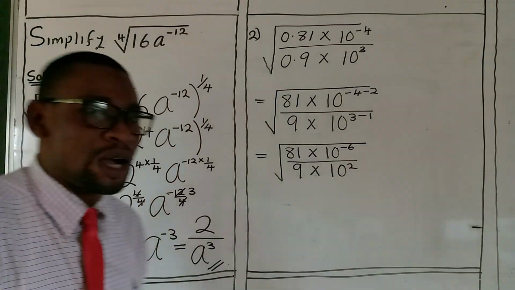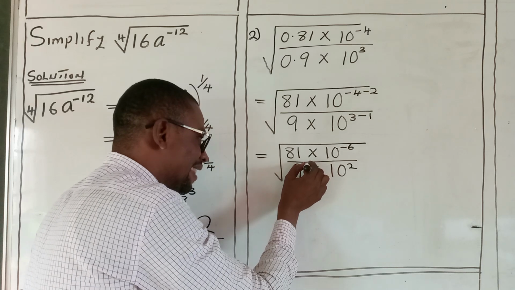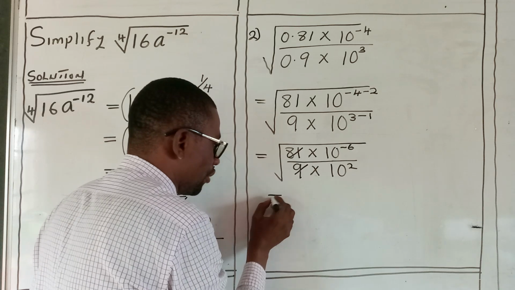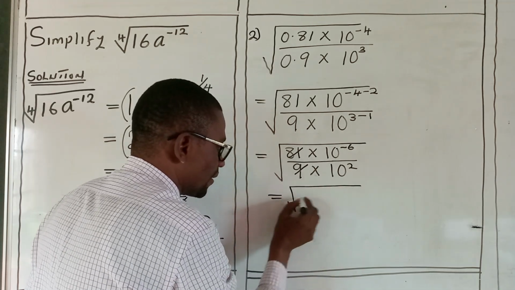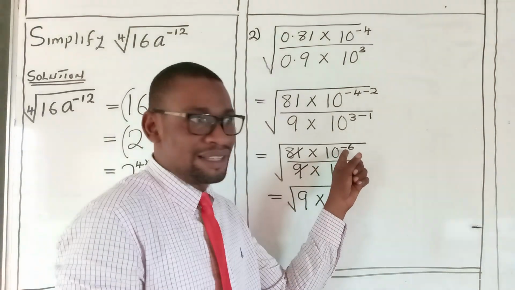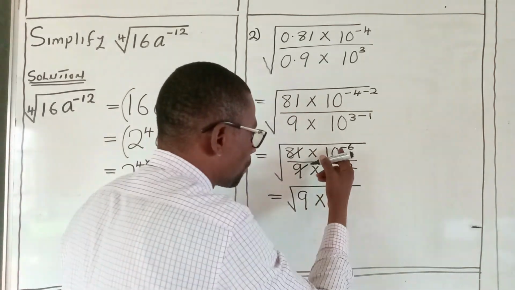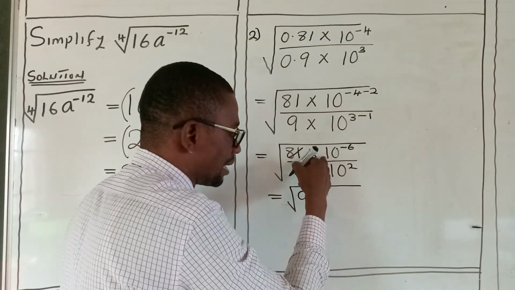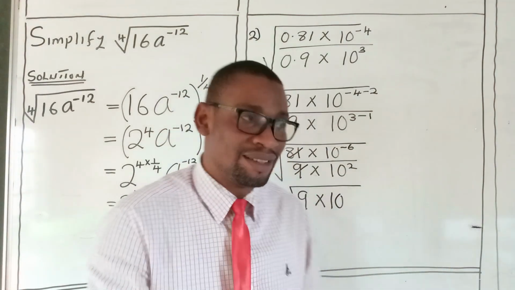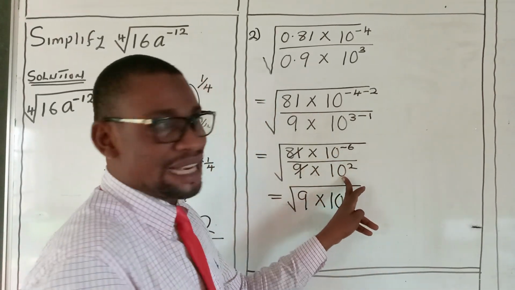Now let's come down here to apply the division law of indices. From here, 9 on its own can go into 81, and that will give us the square root of 9 times 10 raised to power minus 6 divided by 10 raised to power 2. The division law: we simply pick a common base, which is 10, and then we find the difference between the index of the numerator of 10 and the index of the denominator.